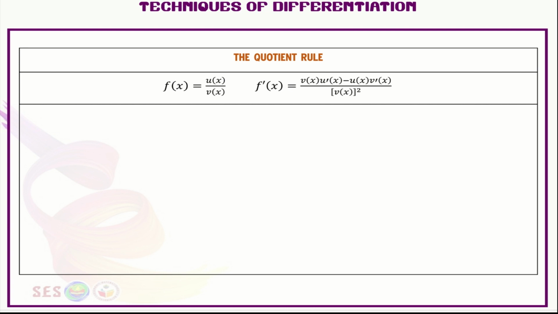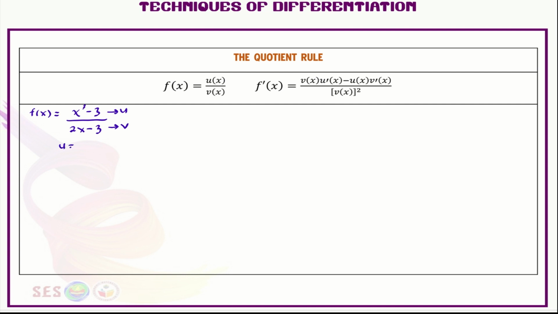Suppose that we have f(x) equals x cubed minus 3 divided by 2x minus 3. The numerator will always be the u and the denominator will always be the v.